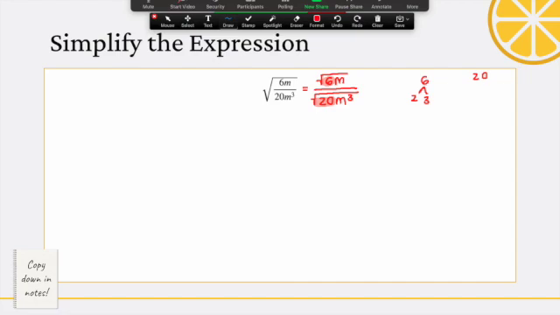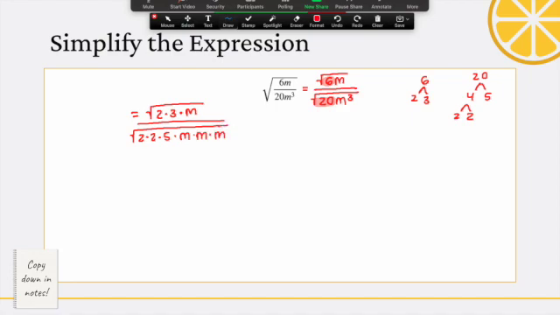For 20, we have 4 times 5, which is just 2 times 2. So we get here cubic root of 2 times 3 times m. On the bottom, we have 2 times 2 times 5 and m times m times m.